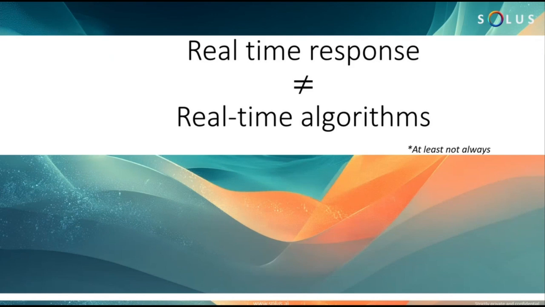Right? Sometimes, however, you do need to adapt in real time. If I'm looking at your browsing behavior and adapting what I'm showing you based on it, then I do need to learn something about you based on your real-time behavior. So it's not always the case that the algorithms cannot be real-time and have to be pre-computed. Sometimes you do have to be real-time. So it's useful to break it down and not think of it as one or the other.